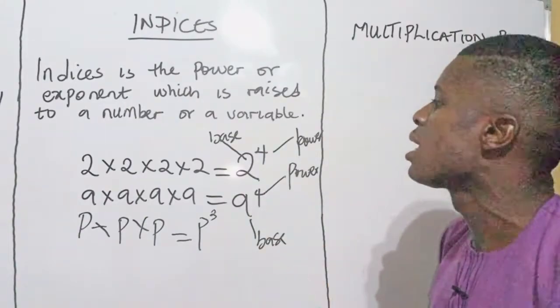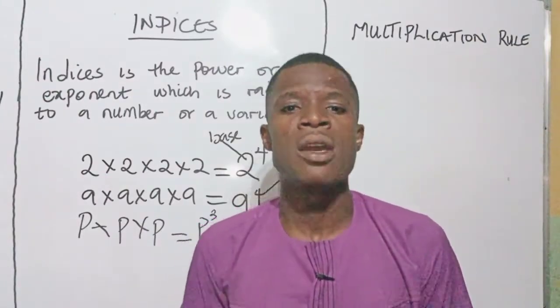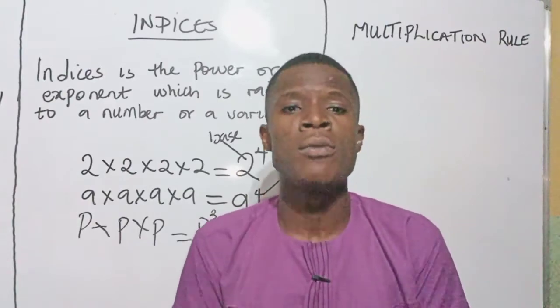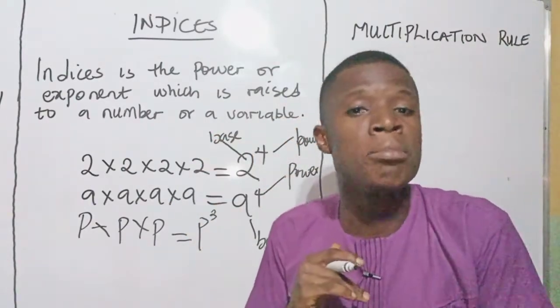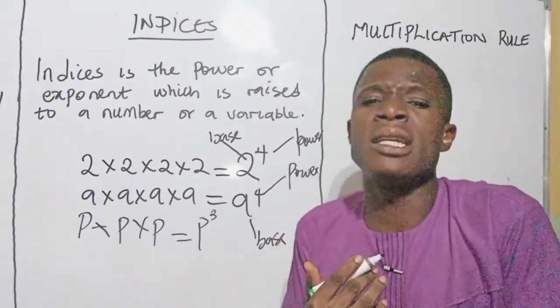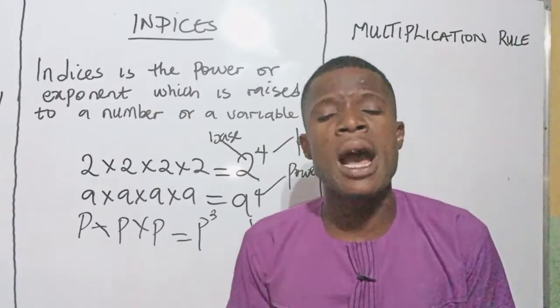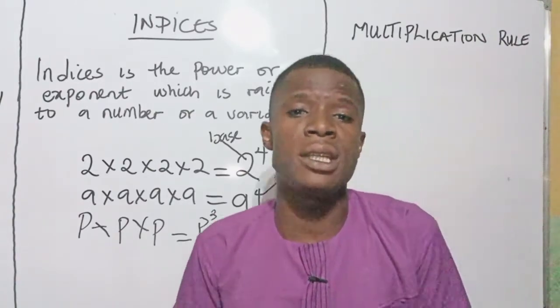So as we exist in this earth, everything in this universe is governed by a certain law. So indices is governed by a great law. In doing operations on indices, we apply many rules and regulations while solving indices.